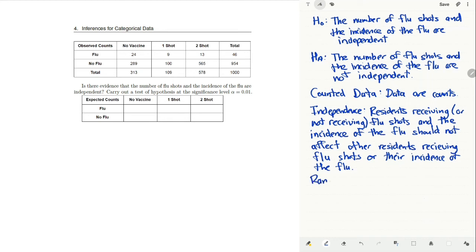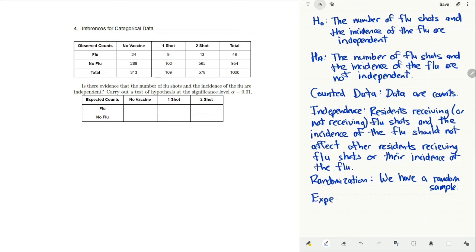So we'll check the randomization condition. What we have is 1,000 residents that were randomly chosen. So we have a random sample, so that condition is met.